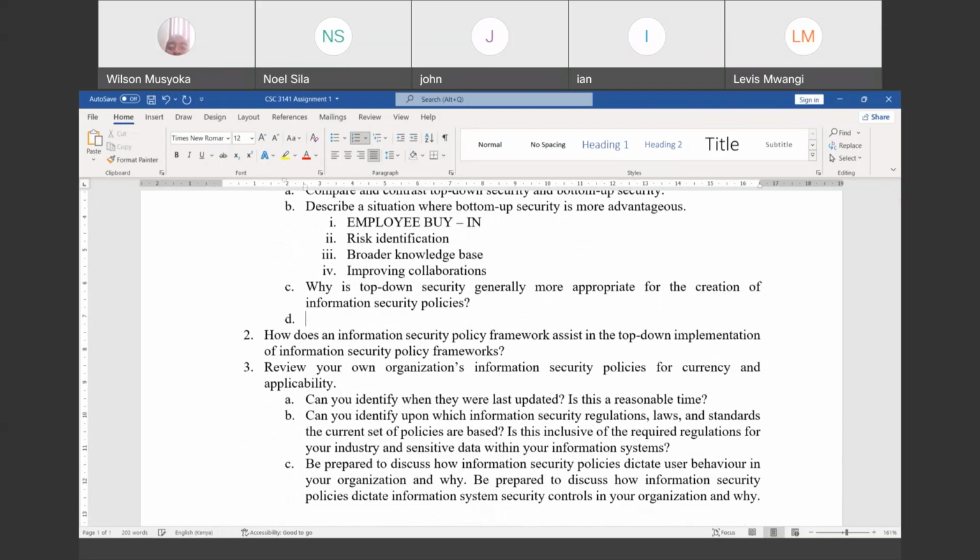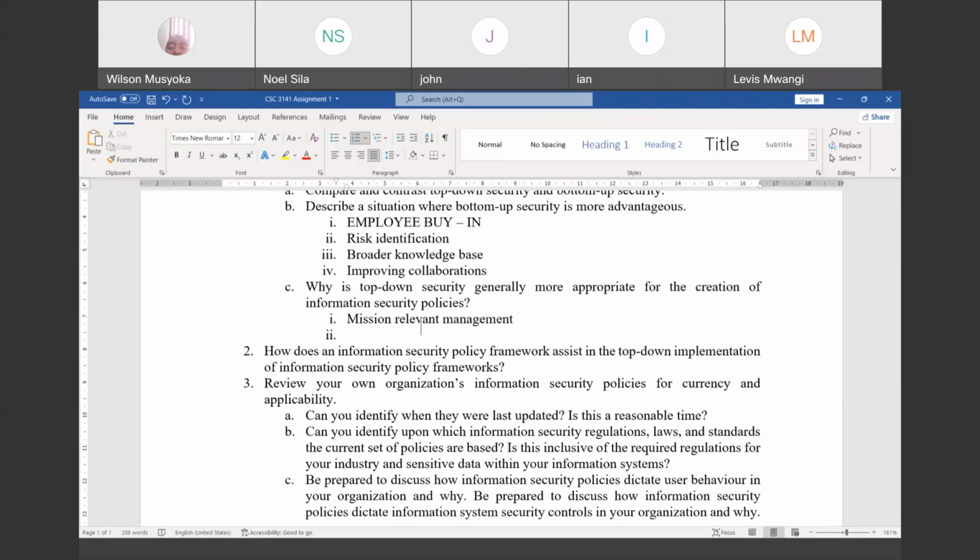Then go to the third one, where we were asking where top-down security is appropriate. In a scenario where we are talking about supporting the mission of the organization, that is an area where we can talk of security in mission relevant management using top-down security.